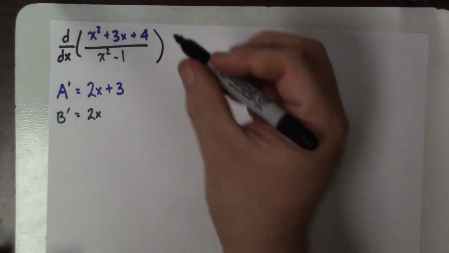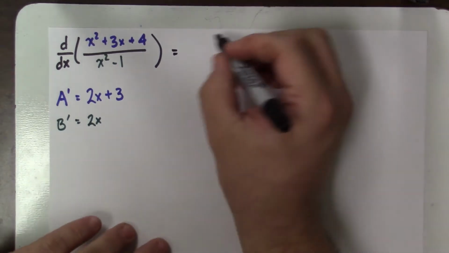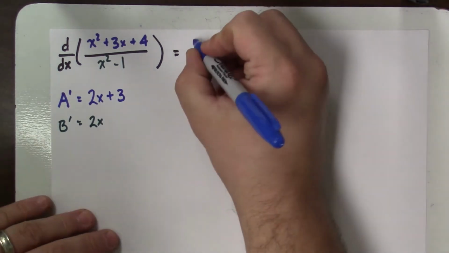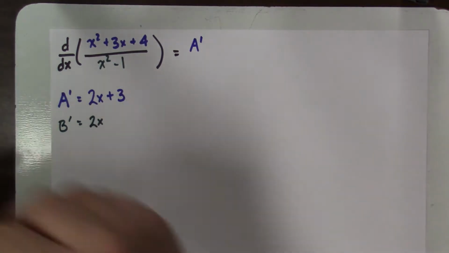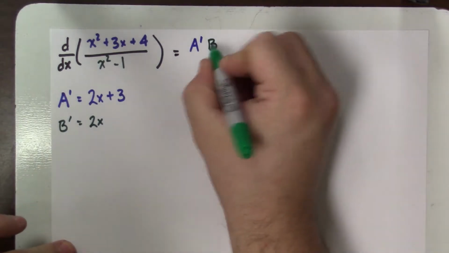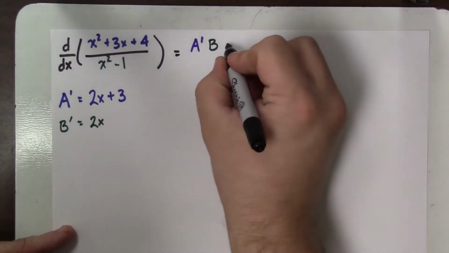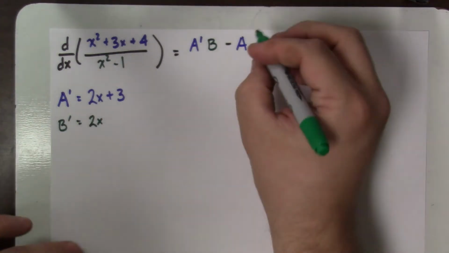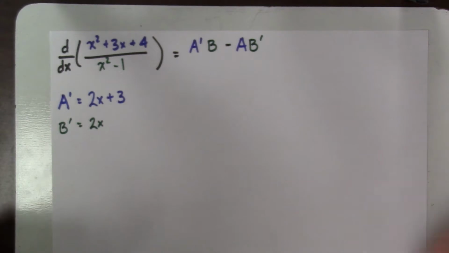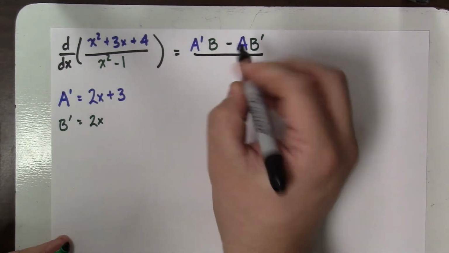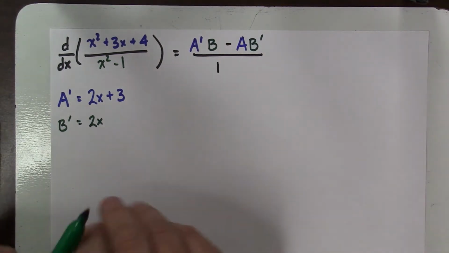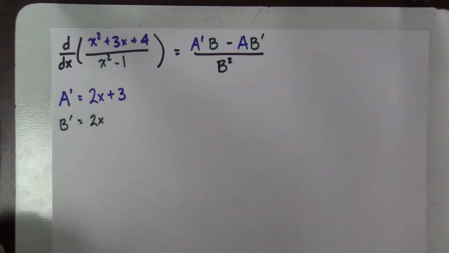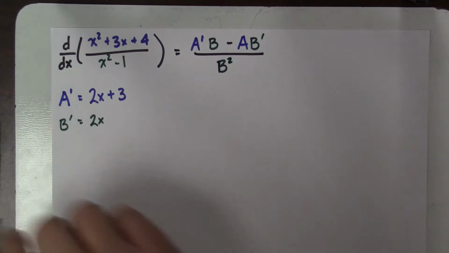With that in mind, I can evaluate this as a prime times b minus a times b prime, all over b squared.